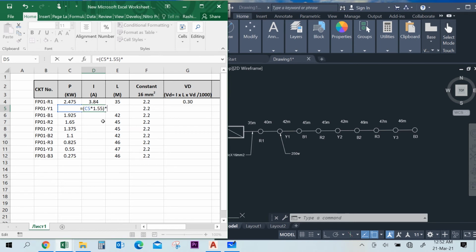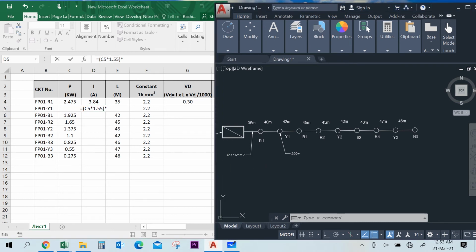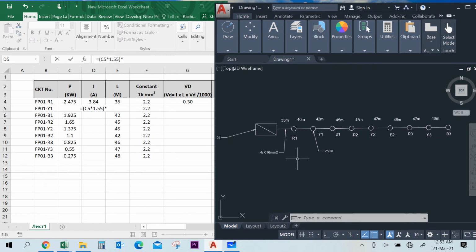You can see here 0.30. This is the voltage drop, and here the current will be calculated with respect to the remaining voltage, not 415 volt. We will subtract 415 minus 0.30 volt. Then with respect to this voltage, we will calculate this current.